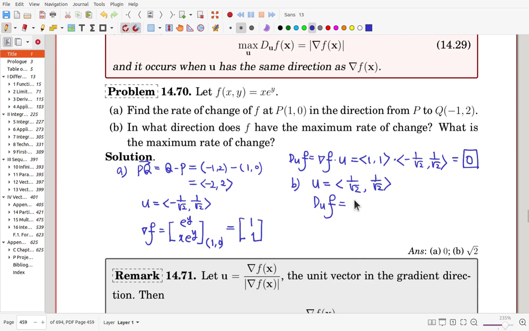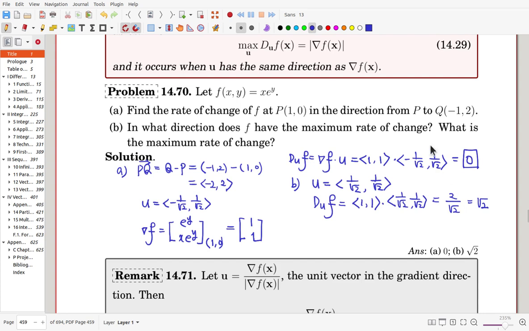Okay, so that is same as the gradient of f, which is (1, 1) dot (1 over square root of 2, 1 over square root of 2). So that is same as 2 over square root of 2, which is same as square root of 2. So when we choose the same direction as the gradient of f, then we have this maximum value.